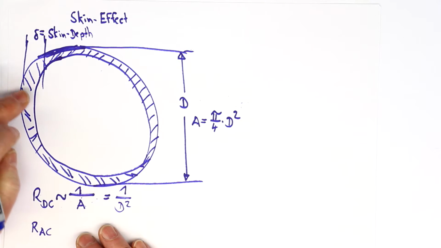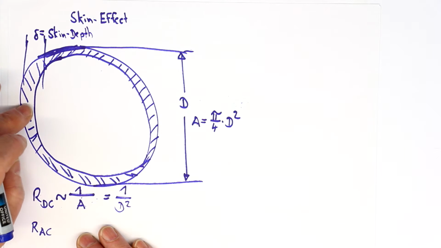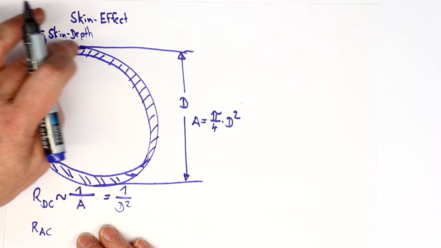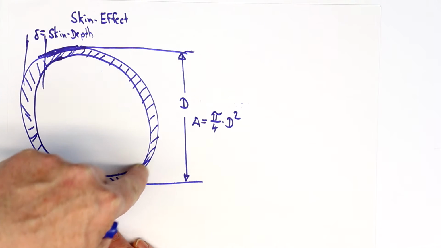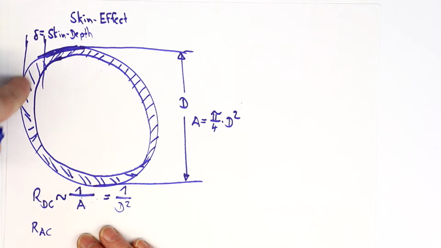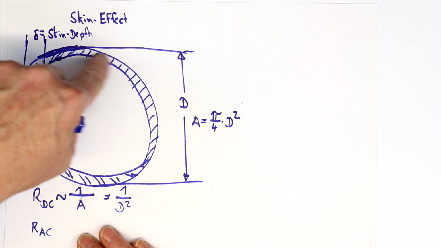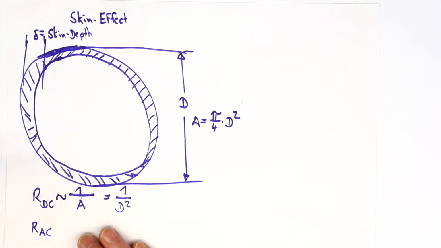So now, that means that the resistance is now proportional to the surface, to the cross-sectional area of this ring.